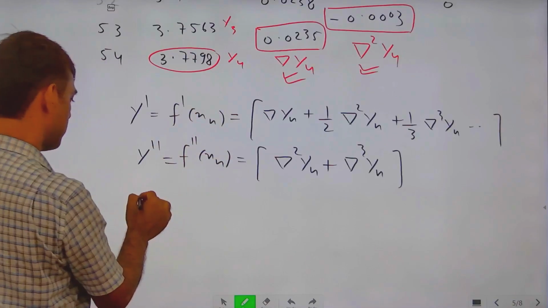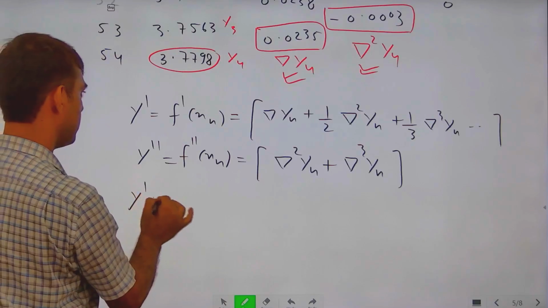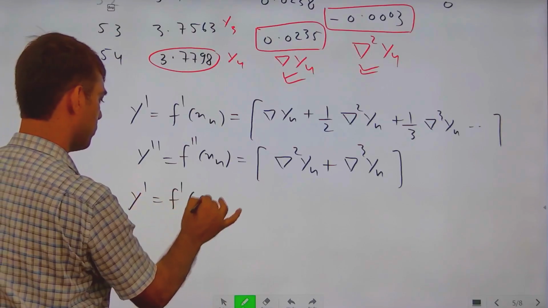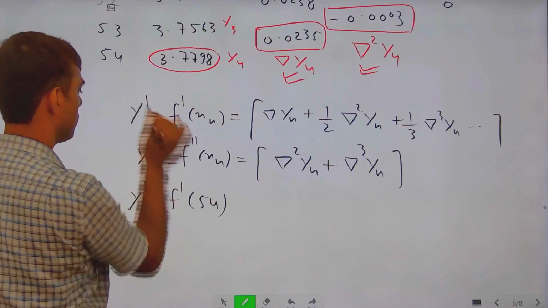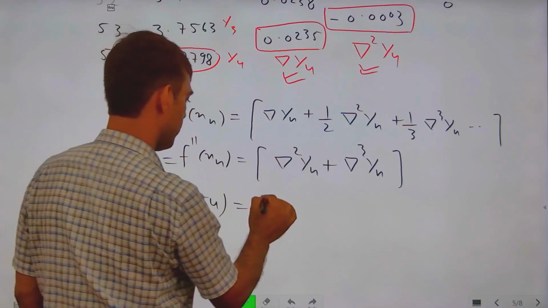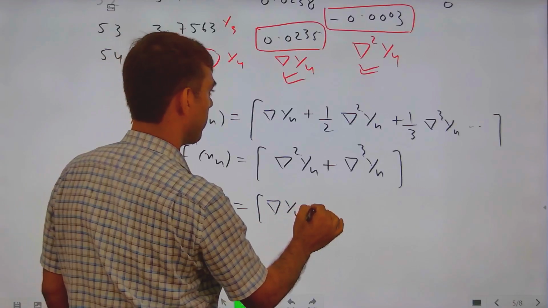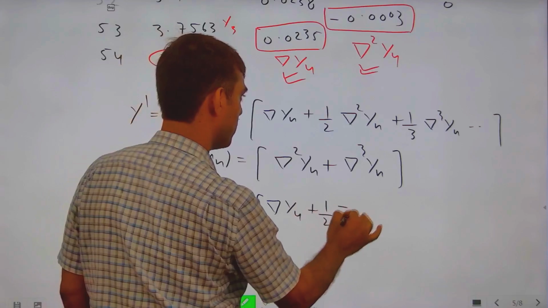So y dash, f dash 54, at the end, because 54 is xn, equals del y4 plus 1 by 2 del 2 y4.